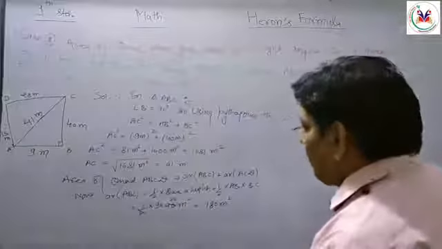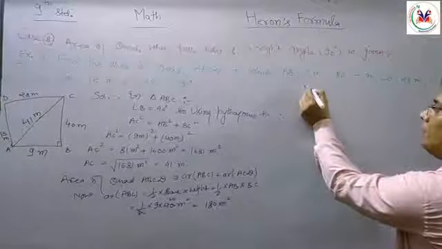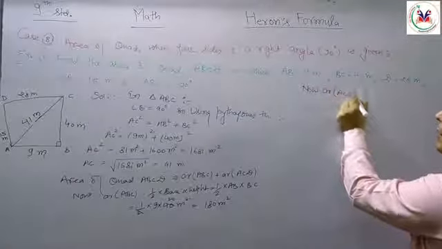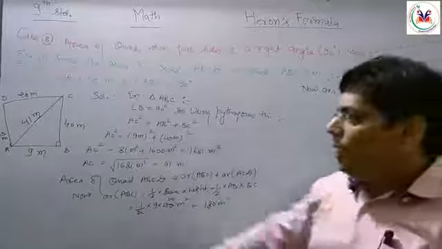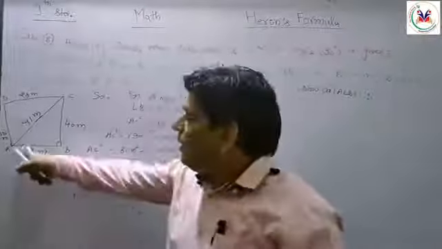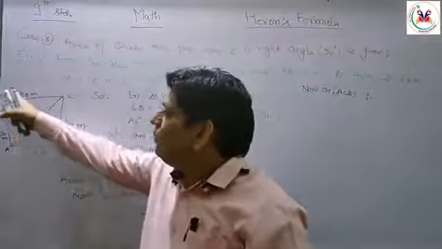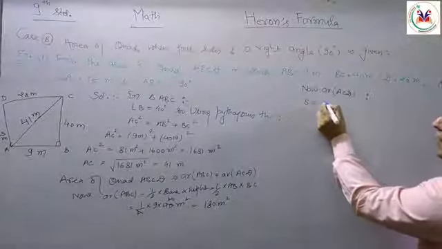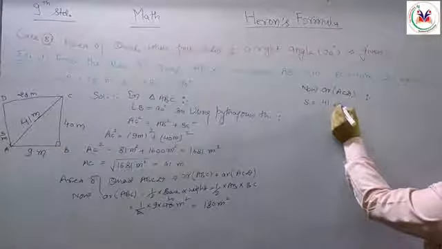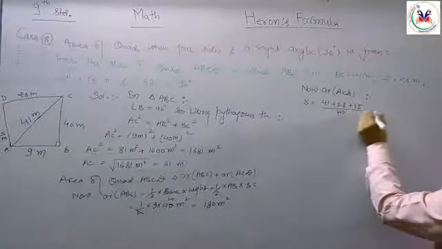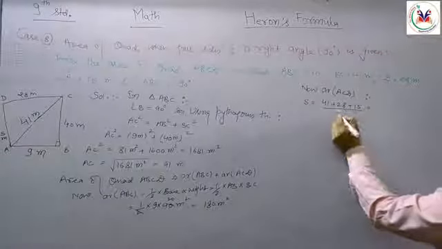So now area of ACD. So using the Heron's formula we should find the area of ACD. Again ACD के लिए हमारे पास sides हैं 41, 28 and 15 meter. So we should calculate s as 41 plus 28 plus 15 meter, and then we should divide by 2.